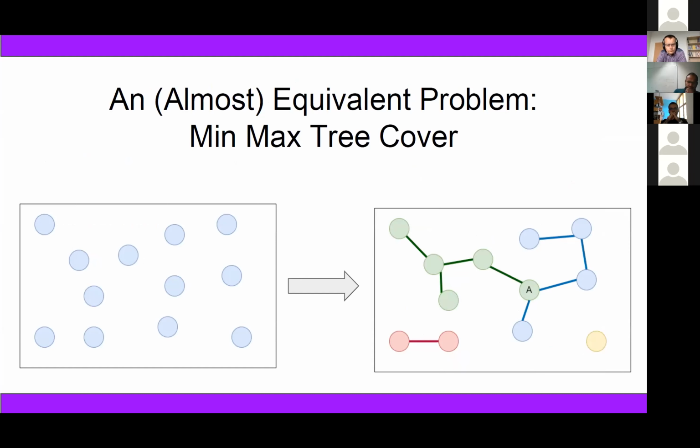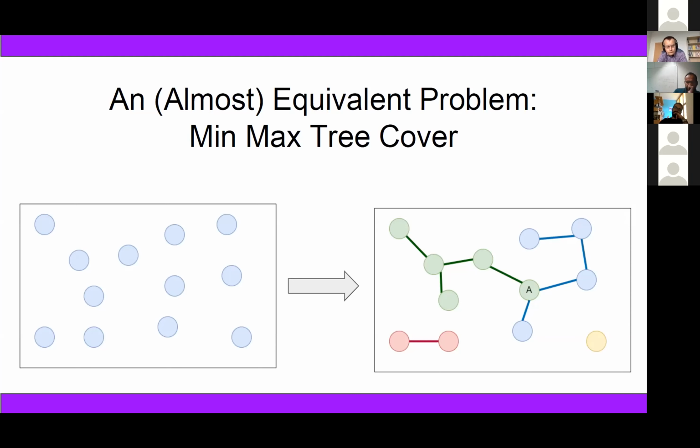Suppose I have a bunch of points, and I want to find a union of a fixed number of trees, so that this union covers all the possible points. There is one subtlety to note here. I am not looking for a partition of my graph. So the trees don't form a partition of the edges. What is only required is that the union of these trees should cover all the vertices. This is very important for our work.